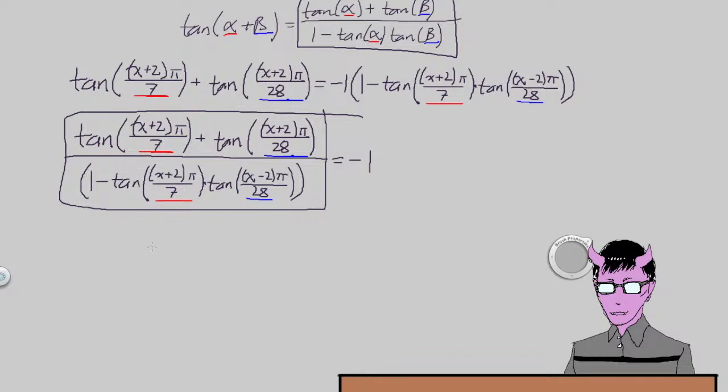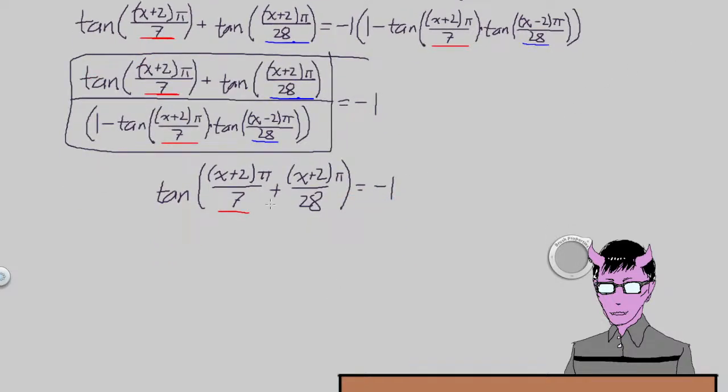So here we go. It's just going to be tangent of argument number 1 plus argument number 2. Seven plus the x plus 2 pi over 28. Close the parenthetical, as you could see, negative 1.